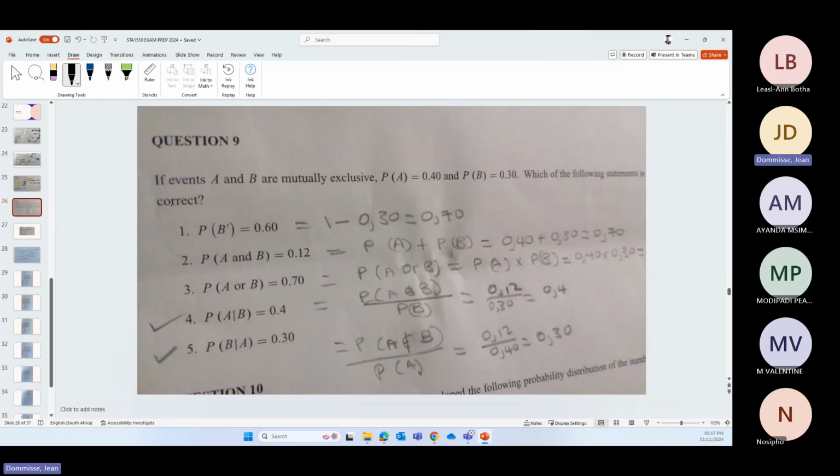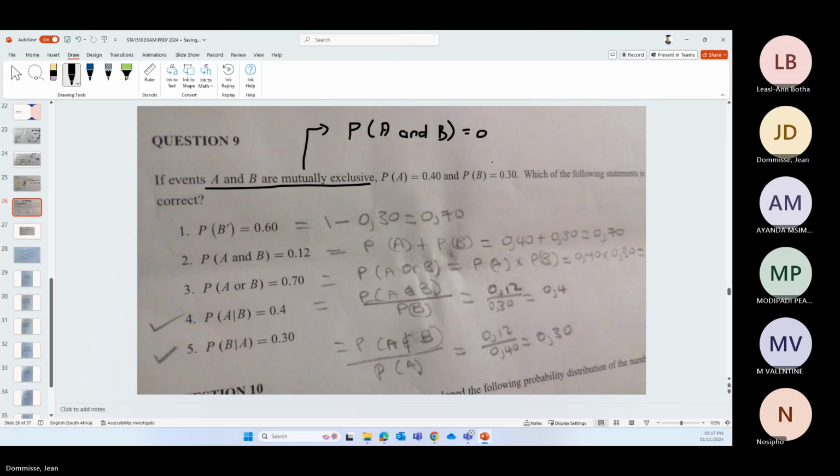Okay, so let's go into another one. This was on probability, so study unit 4, and they tell us events A and B are mutually exclusive. So when it's mutually exclusive, the probability of A and B is equal to 0. Okay, so that is what mutually exclusive means.